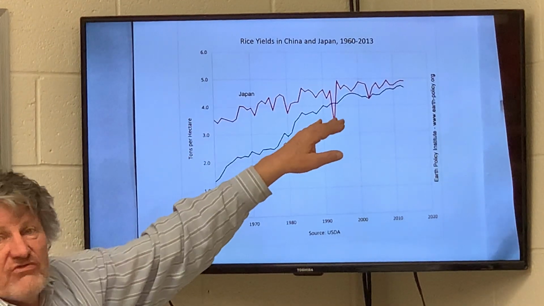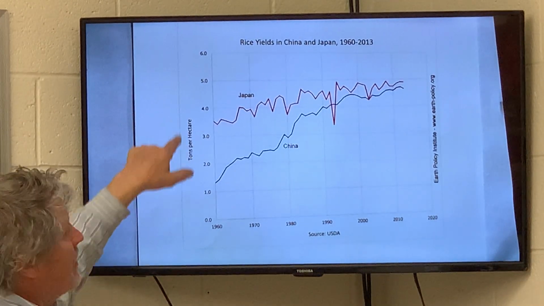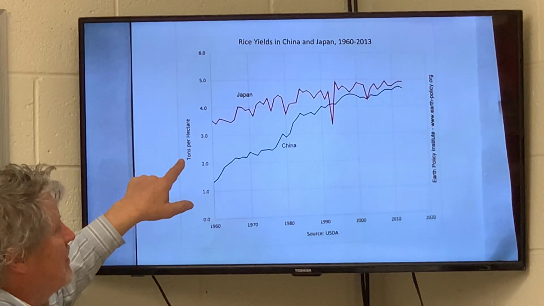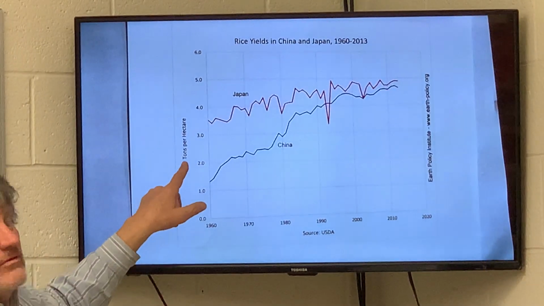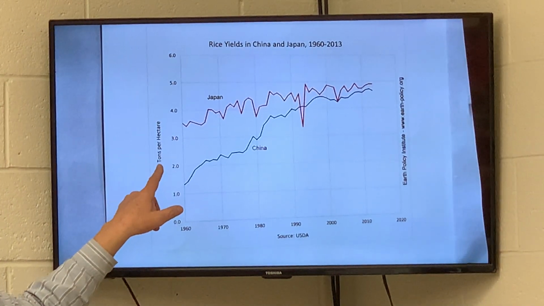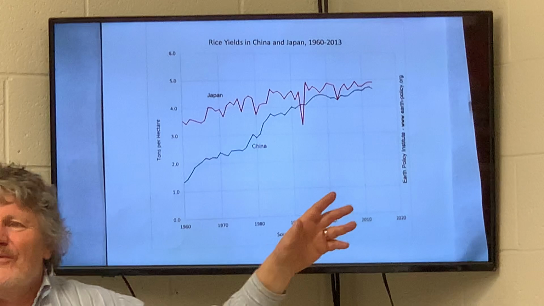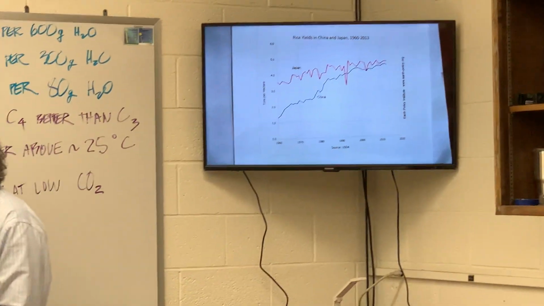They're not going up as fast as they used to. You can't see this, but this is 2020. The unit right here is tons per hectare. That's how the world measures yield, tons per hectare.